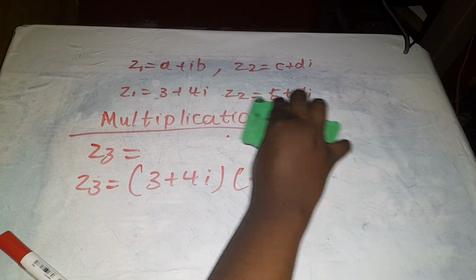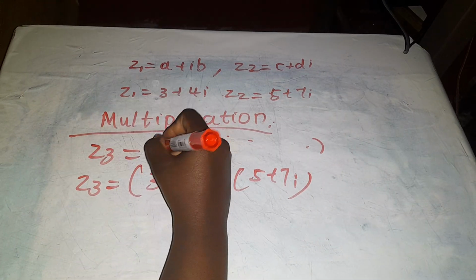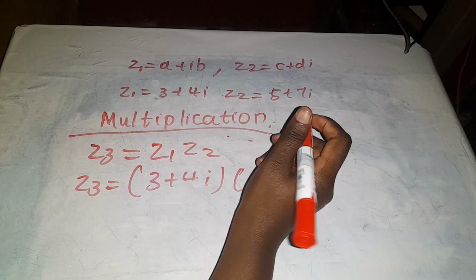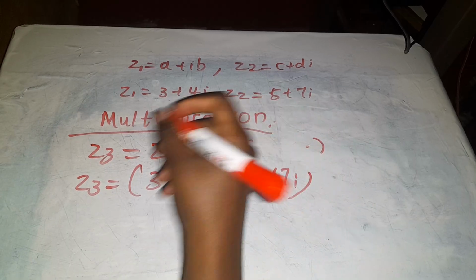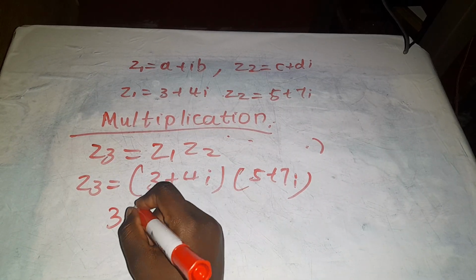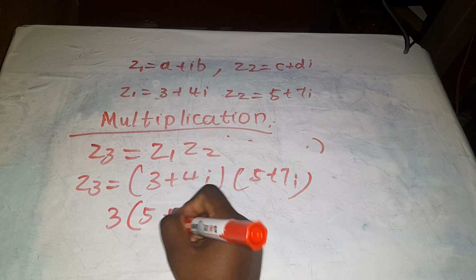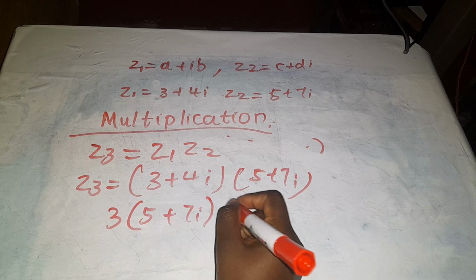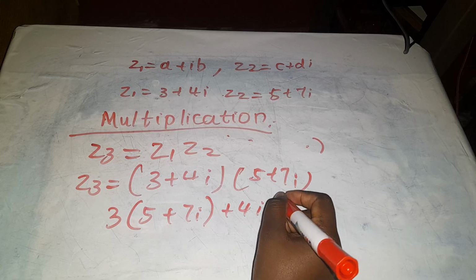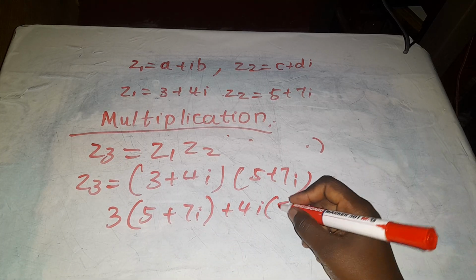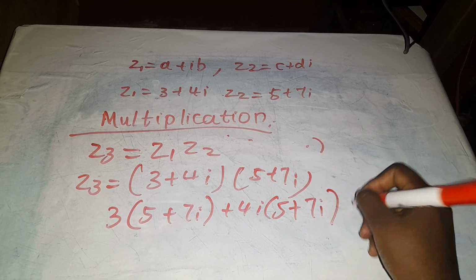Because the question says Z1, Z2. So when you want to multiply this, it is going to be 3 open brackets 5 plus 7i, plus 4i times 5 plus 7i.